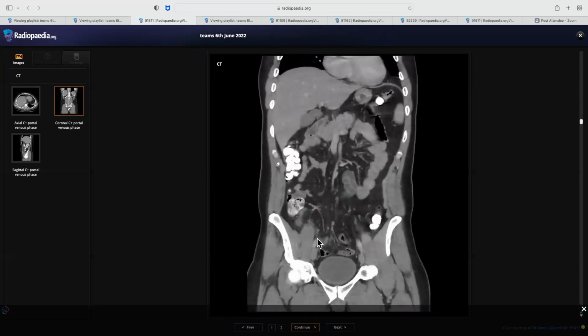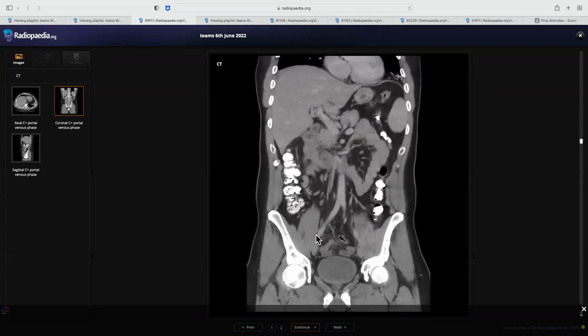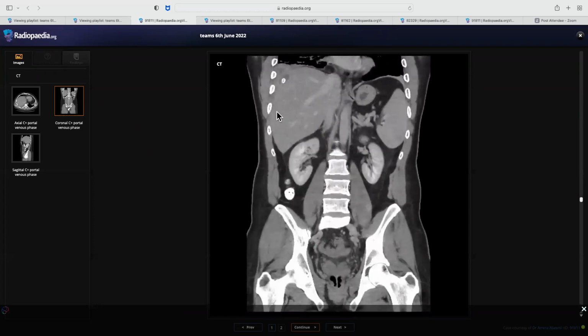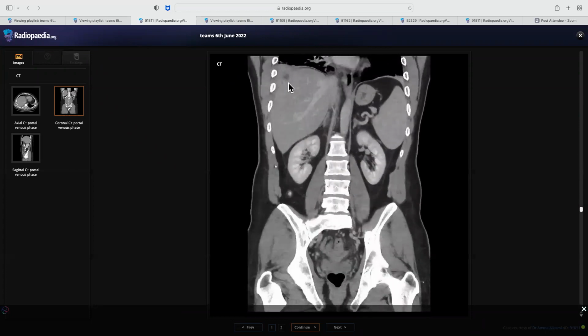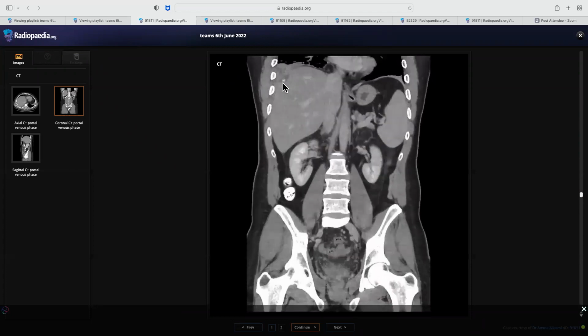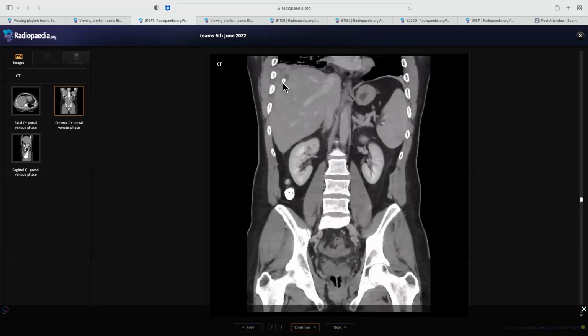Now, can you tell me what you think that is? What is this hyperdense? This can be something from the surgical material, maybe.